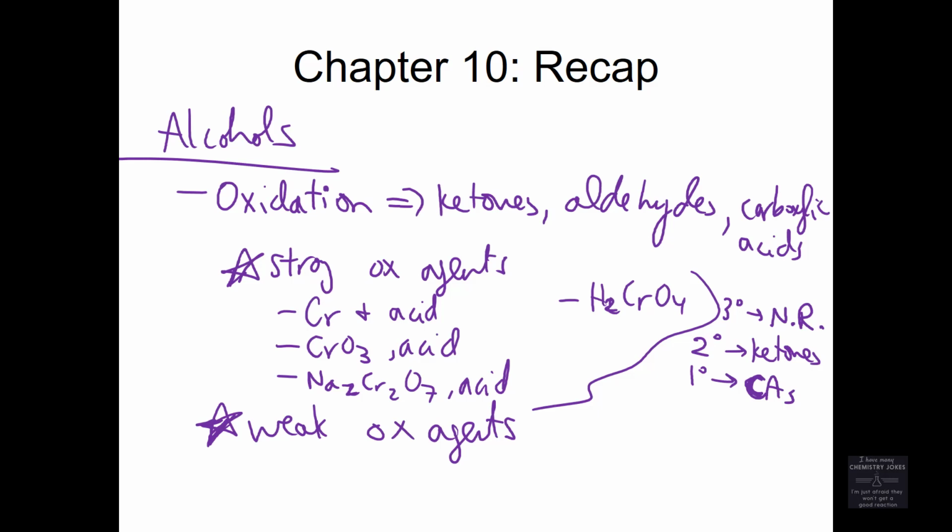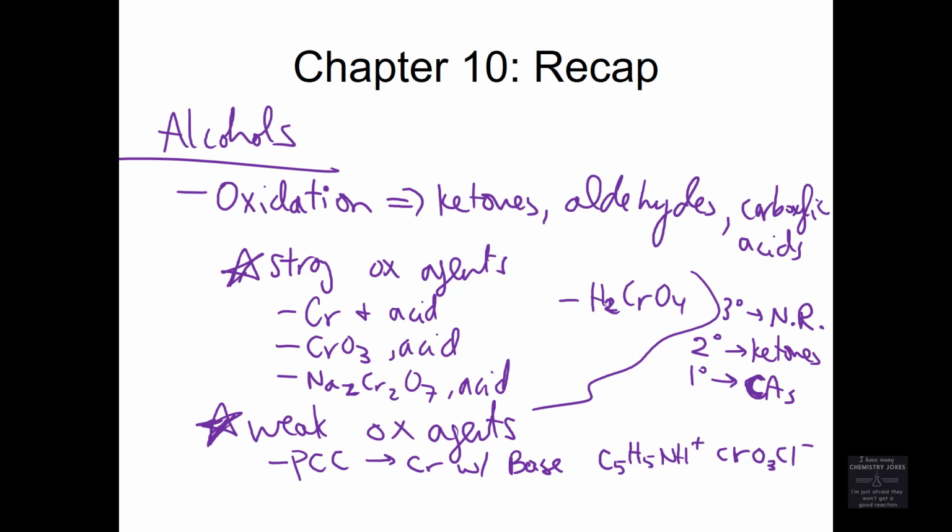Weak oxidizing agents. That's PCC. That's chromium with base. It's officially C5H5NH+ Cl, or actually you'll see it more often, CrO3Cl-.